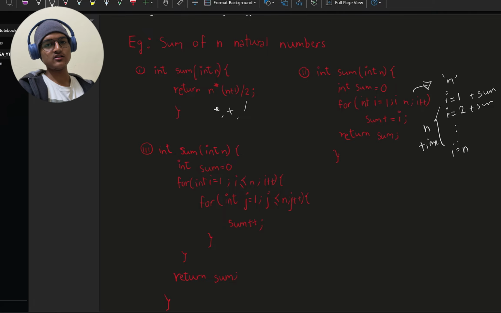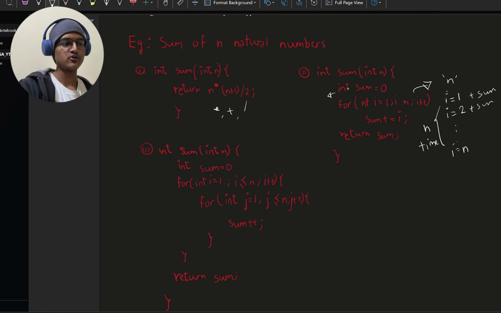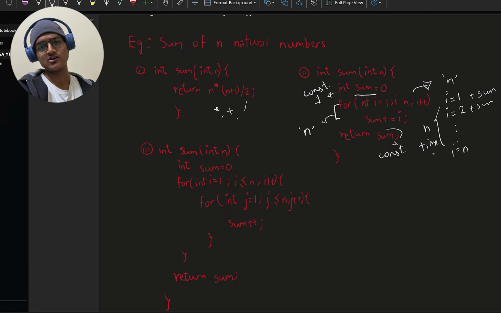If we look at it operation by operation, the first operation, where the value of sum is equal to 0, is a single operation. It's a constant time operation, while the loop is an operation performed n times, as we saw before. The sum operation, on the other hand, still takes constant time because it's a general mathematical operation.